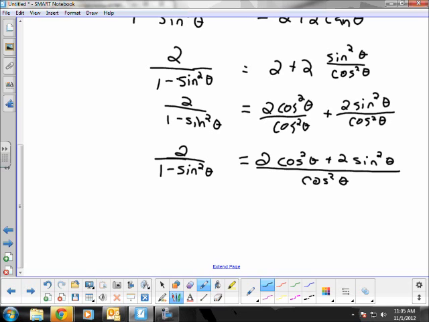Taylor, what's wrong? Which step? From here to here? So see, think about that 2 as being up in the numerator. See, my denominator is cosine, and this one's just 2 over 1.